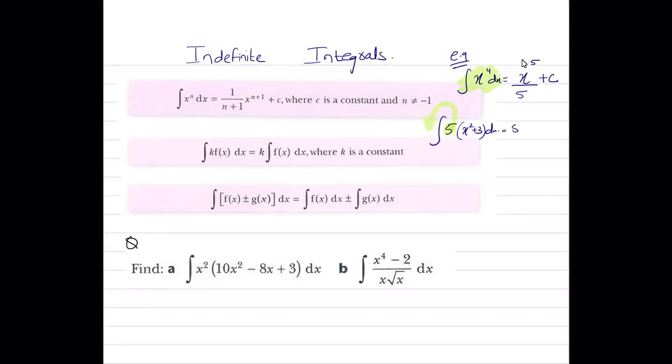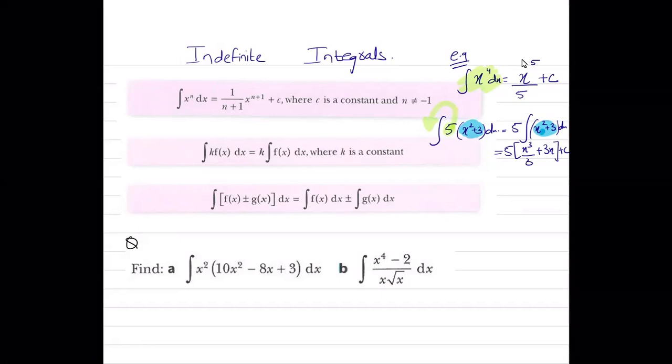For example, like this: 5 times integration of x squared plus 3 dx. Now you can integrate the function. I'm referring to x squared plus 3 as a function. So I can integrate this: x squared plus 3 is x cubed upon 3 plus 3x plus c. Is this clear?